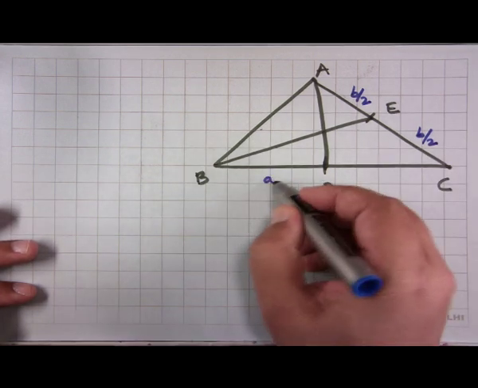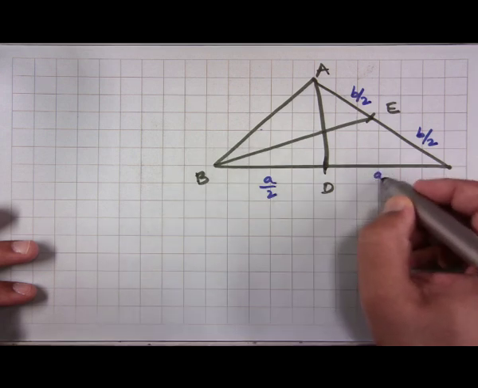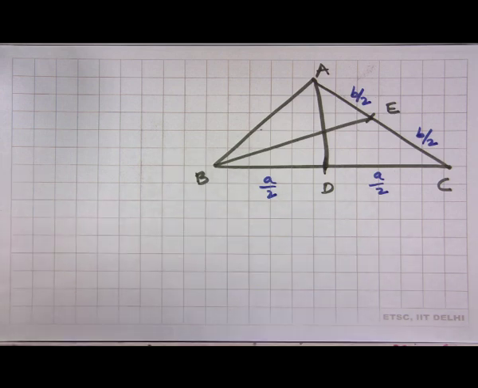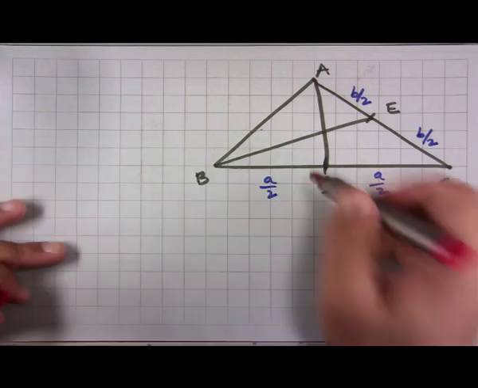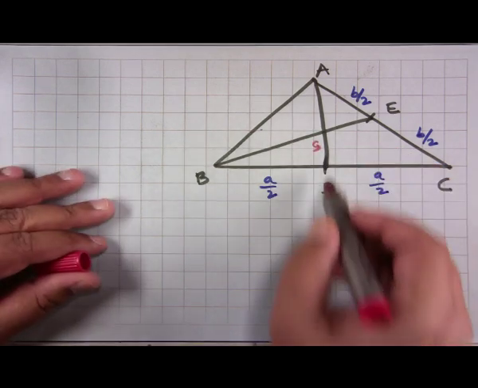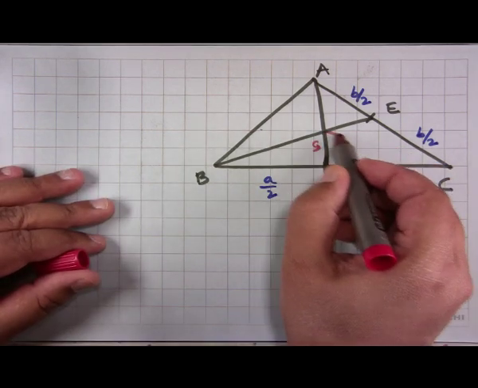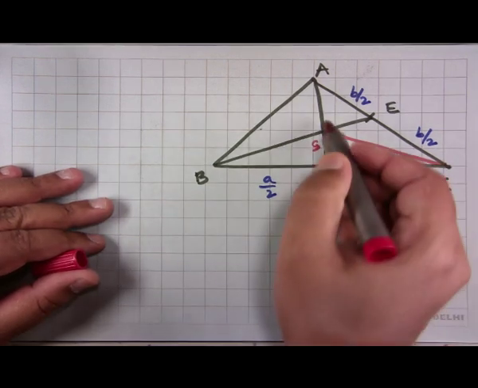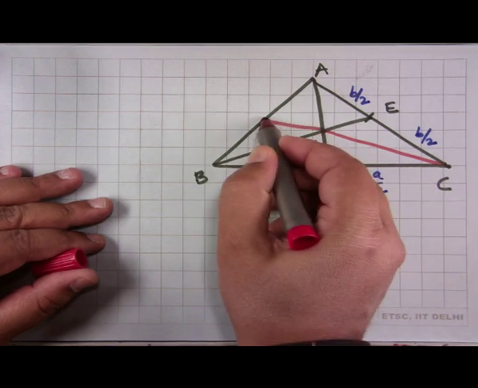Of course, this is A by 2 and this is A by 2. And then what we do is that we join this point G to the vertex C, and then also extend it further.